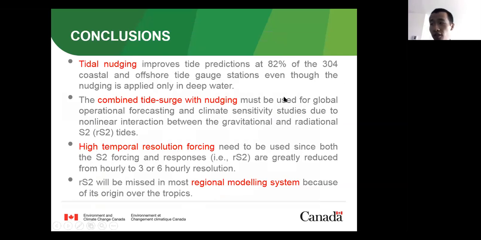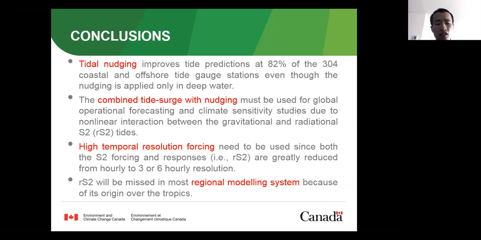In summary, we demonstrated that tidal nudging is a very encouraging approach, and it improves tide predictions at 82% of the 304 gauges, even though the nudging is applied only in deep water.